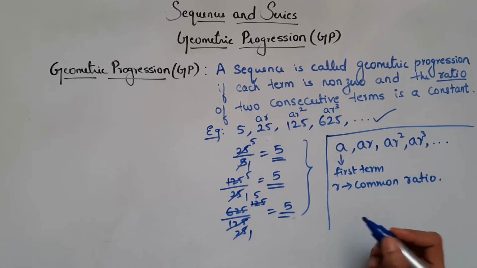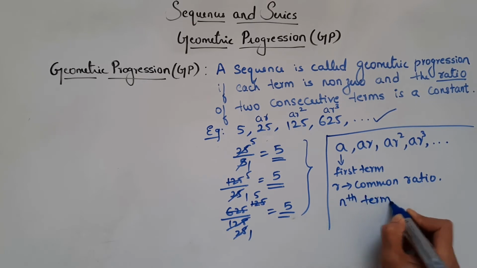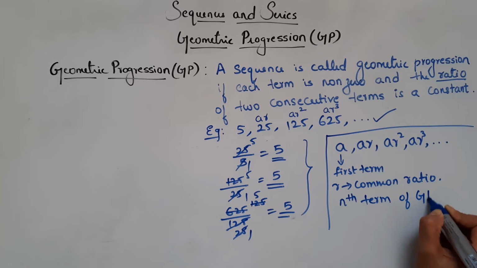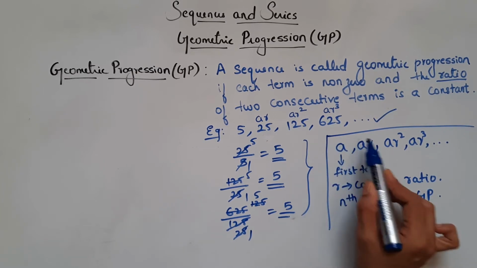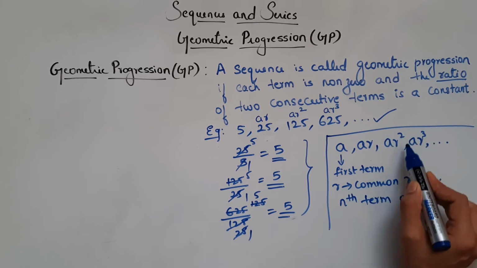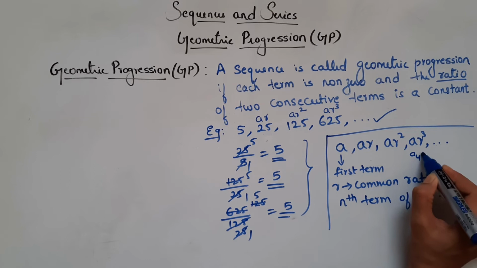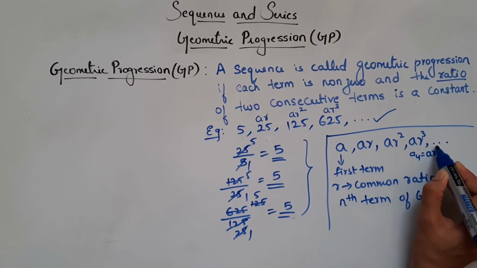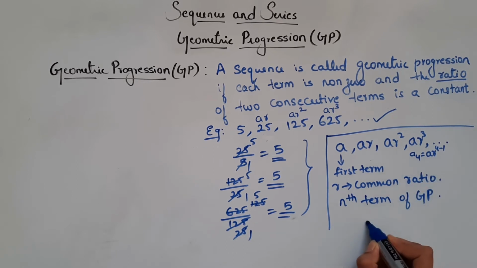So now what is the nth term? The nth term of GP. Here if you see, this is the first term, this is the second term, this is the third term and this is the fourth term. So A4 is A into R power 4 minus 1, that will give you 3, right? Similarly, what is An, that is the nth term?